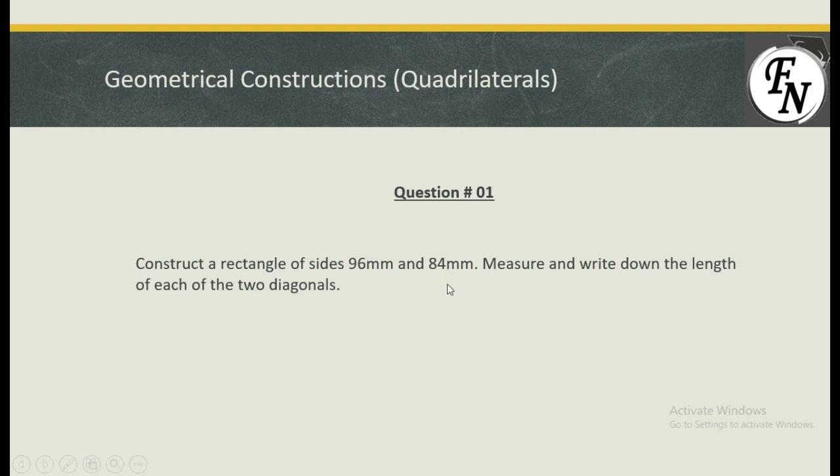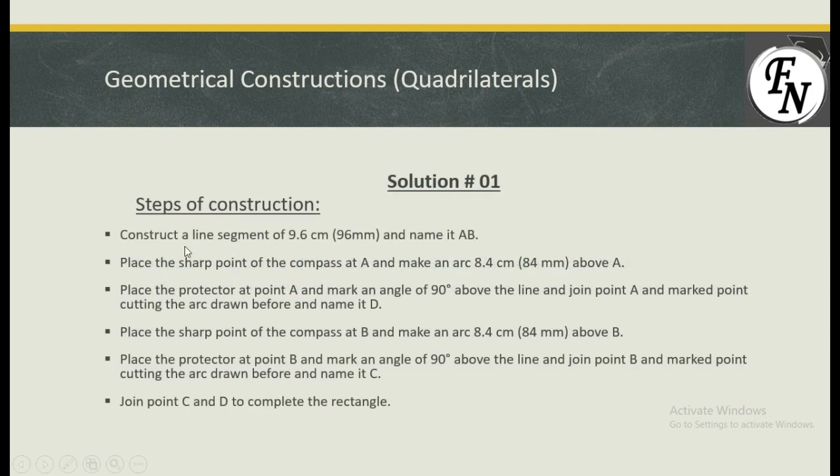Now look at the steps of construction. We first construct a line segment of 9.6 centimeter, that is 96 millimeter, and we will name it AB.